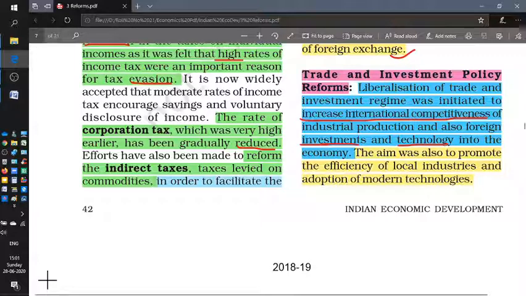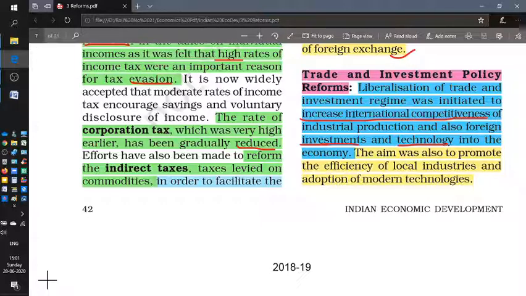And by liberalizing, by reform in the investment policy, we will be able to attract foreign investment, get more funds, and at the same time bring technology and develop our economy. We need all these. We need the funds from outside. We need the know-how, the technology. But if we have restrictive policies, how can we bring those in?